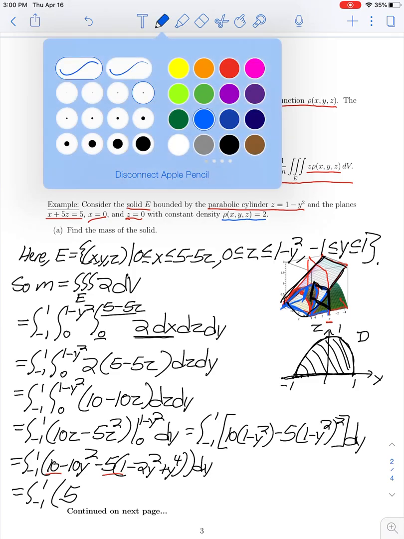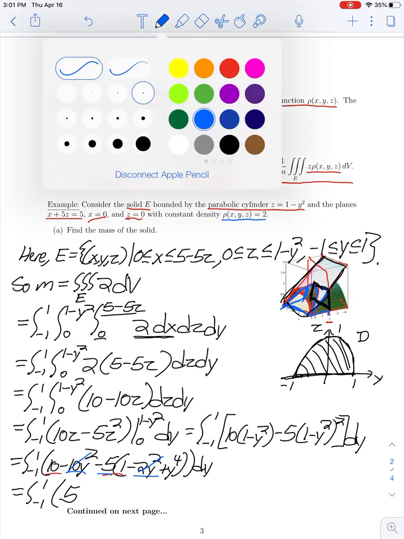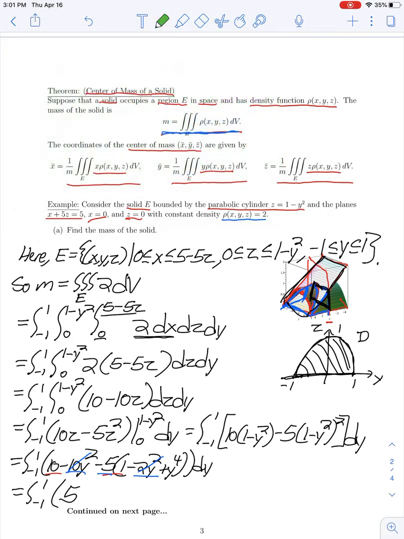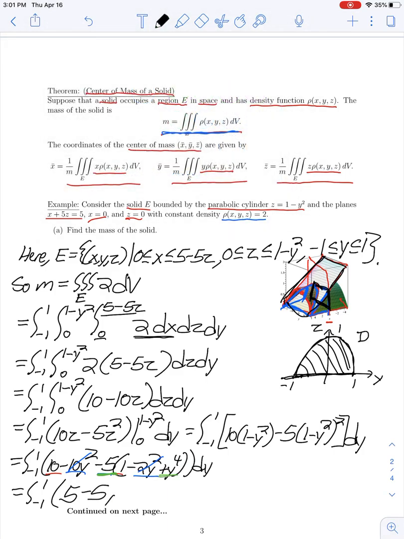Grouping our y squared terms, we had -10y squared minus 5 times -2 would be plus 10y squared, so those terms cancel. And then we're left with our last term, this minus 5 times y to the fourth, so minus 5y to the fourth dy.